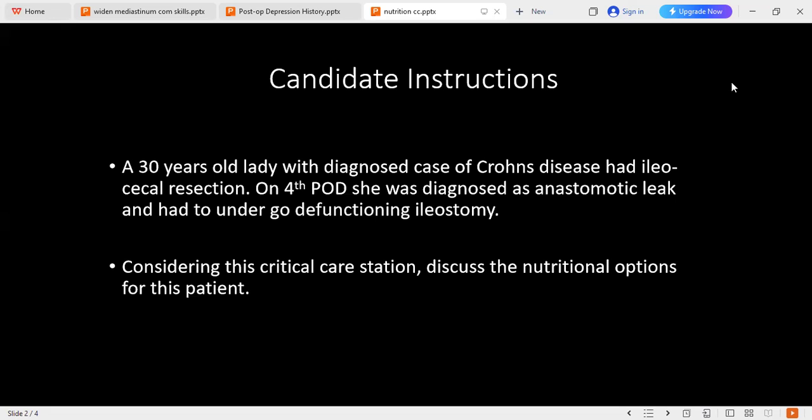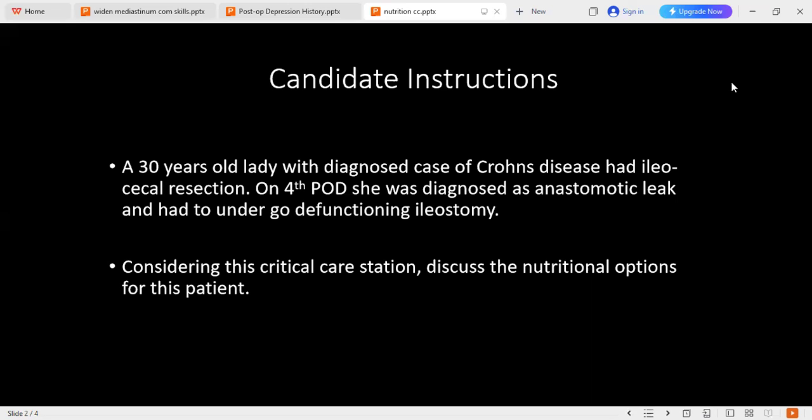Okay, how would you calculate the dose which is required to be given to this patient? Starting by 10 kilocalorie per kg per day and increase to full need over 4 to 7 days. What are the constituents of the nutrition that you'll be giving to the patient?